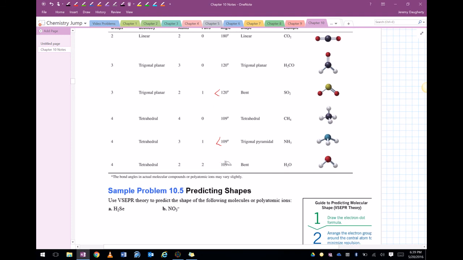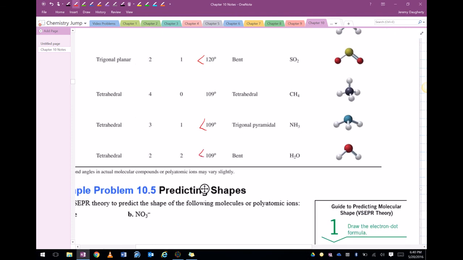So it gets even smaller than the one prior to it, right? So if this is 109, this is less than 109 because it's being pushed closer with those lone pairs. This one is going to be less than 109 because it's being pushed even greater. All right?